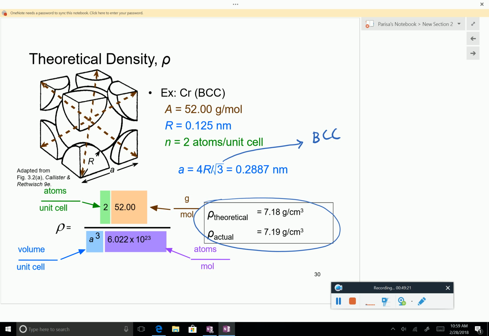I saw that some people had put here the volume of the atom. No, you want to see how much mass you have within your unit cell. So the volume is the unit cell, and the mass is that of the atoms you have inside.